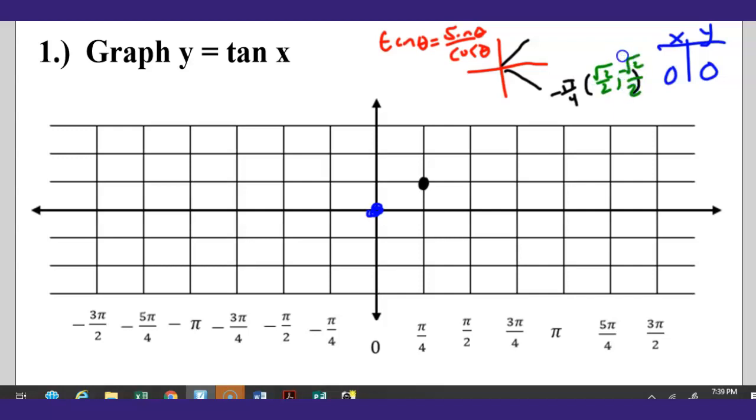I know it's supposed to be in parentheses, but there you go. So anyway, that would be negative 1 if I found tangent. And the reason I did this is because I want you to see where these points come from. And if I kept going throughout the whole unit circle, you'd see how I got all these values.